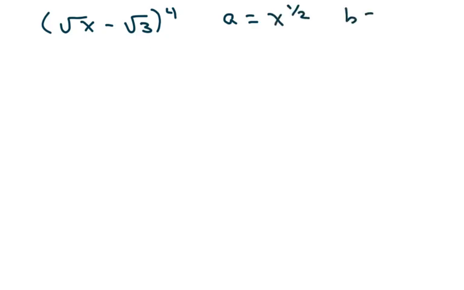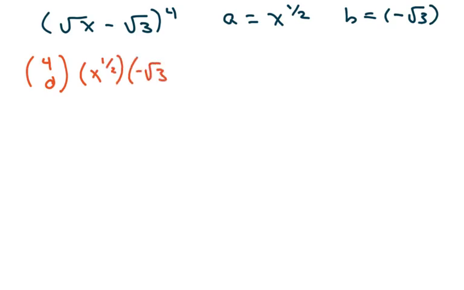My b is going to equal negative square root of 3 right there. So you just fill it in like you did before, and we're going 4, which makes it easier. There's only 5 terms. 4, 0, and I'm just going to write x to the 1/2, and then my b, negative square root of 3.